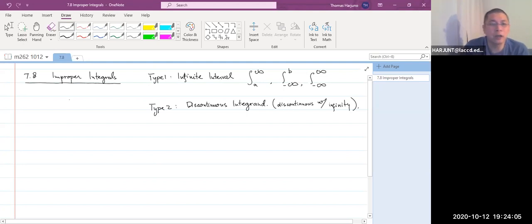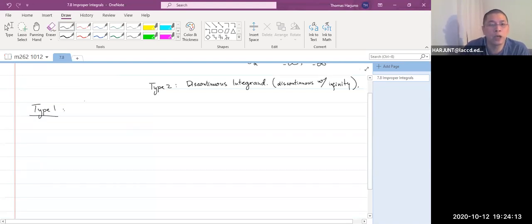Now, the idea will be as follows for type 1. Suppose we have the integral from a to infinity of a function f(x) dx.